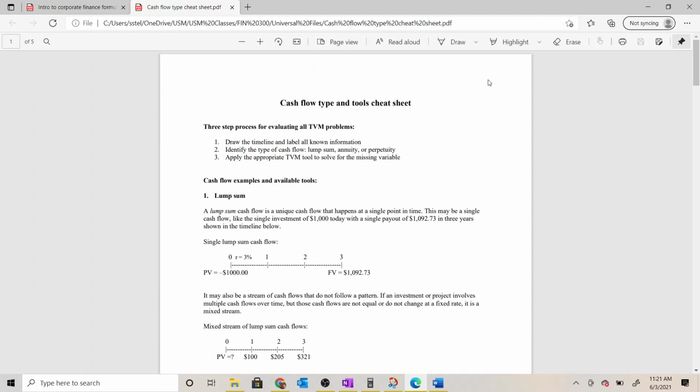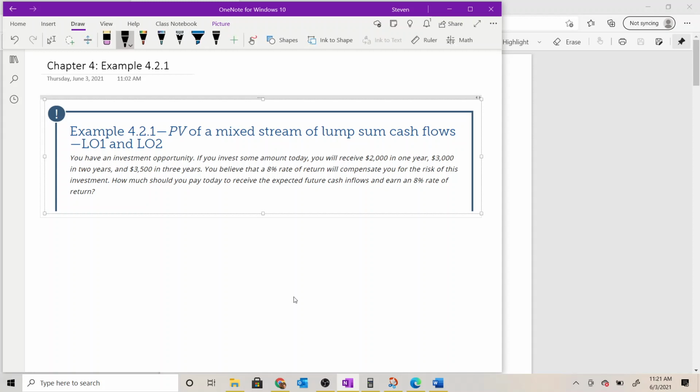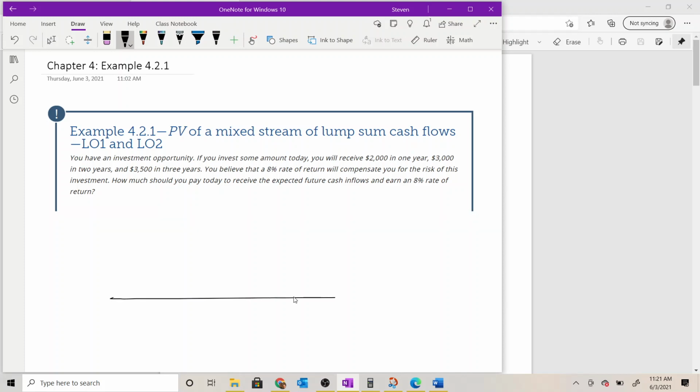We're going to start by drawing the timeline for this particular problem. So at time period 0 in this problem, we have no cash flow. The first cash flow that we see is a receipt of $2,000 in 1 year.